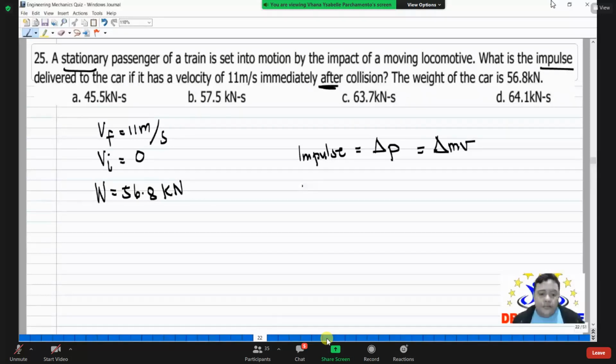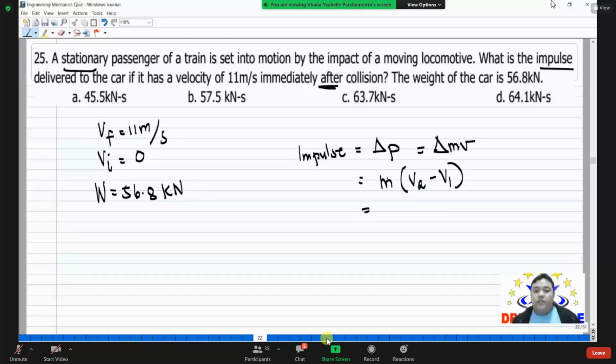So that is impulse. What kind of collision is this? It did not stick, since nothing was said about that. Therefore, this is mass times velocity 2 minus velocity 1.